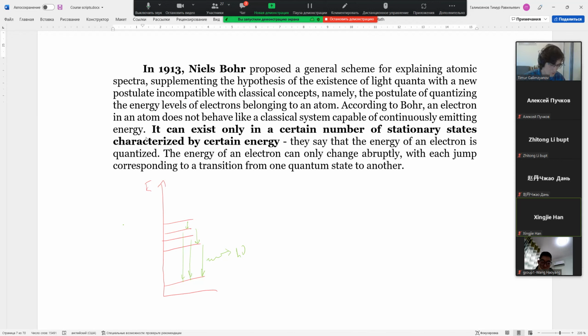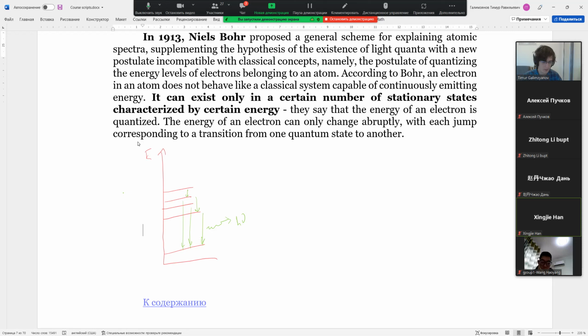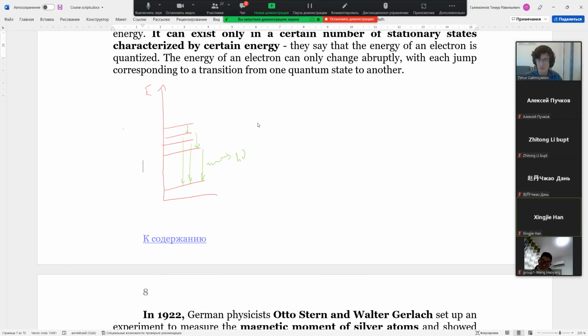That was Niels Bohr's assumption. Actually, if you're familiar with dynamics, there was another problem. What is the hydrogen atom? It's a proton and an electron that orbits around the proton. If you're familiar with the electrodynamics course, you know that a particle that goes around tends to emit light.